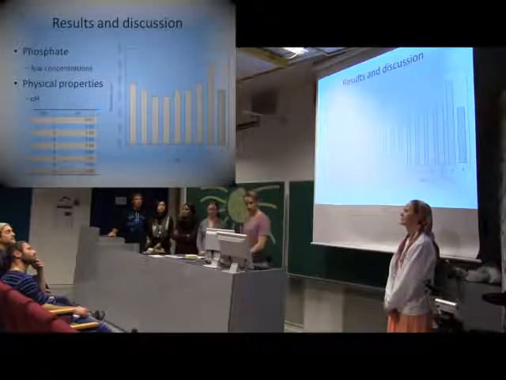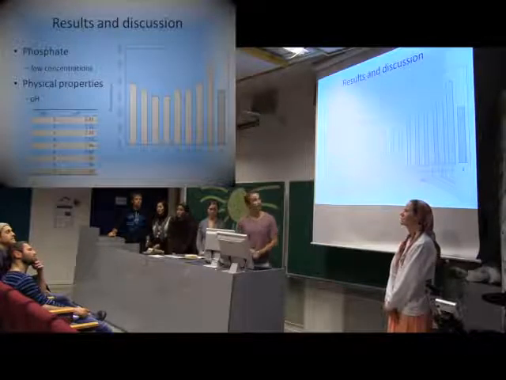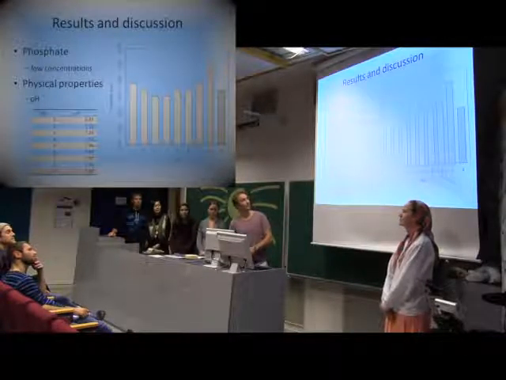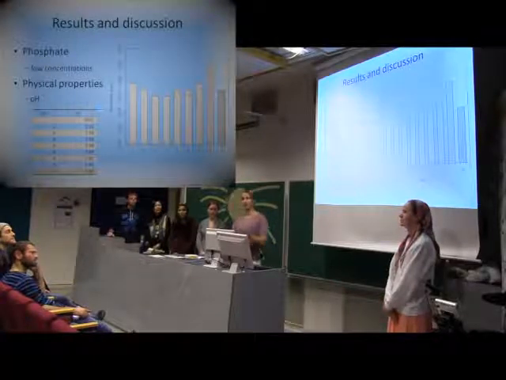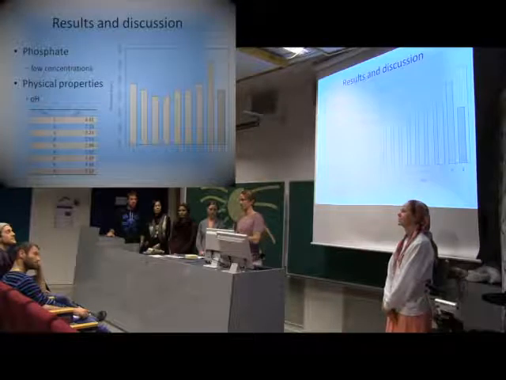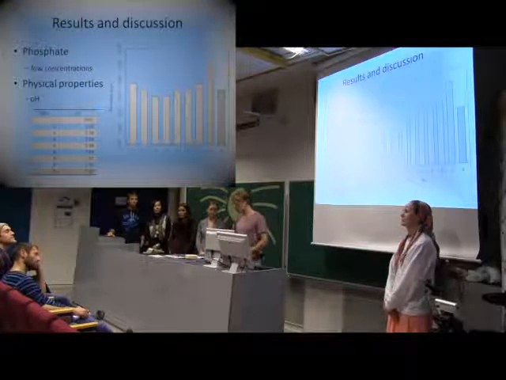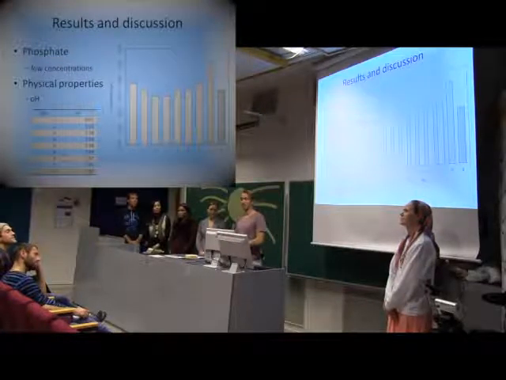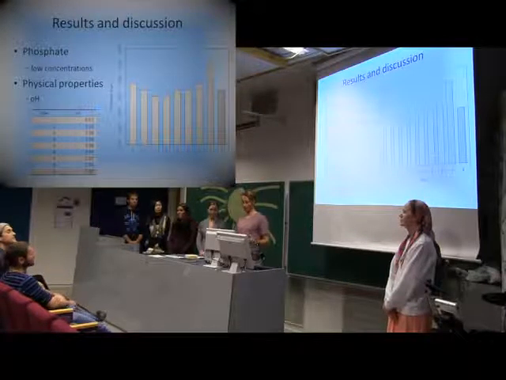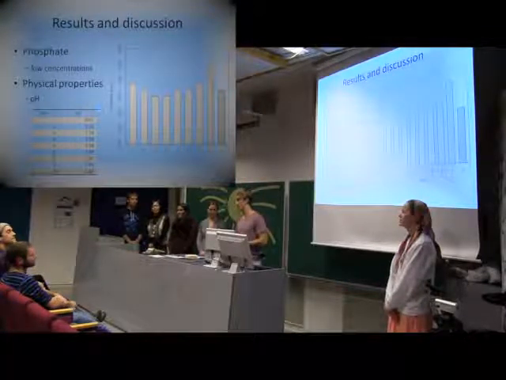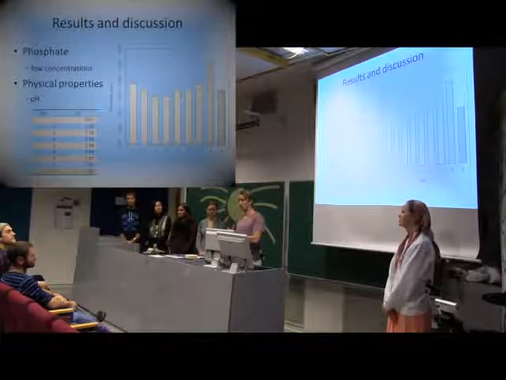We also measured the pH and found that at all 9 sites, the pH value was below 8. And we think there's a correlation between the low phosphate concentrations and the pH values being below 8, because phosphate naturally enters a water basin via sediment release through the chemical weathering of rocks, and pH affects the exchange of phosphate between sediment and water.